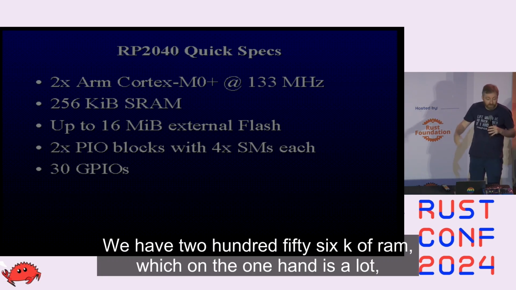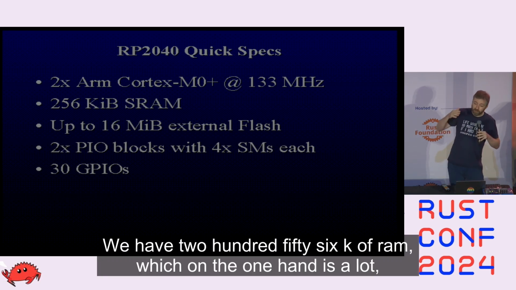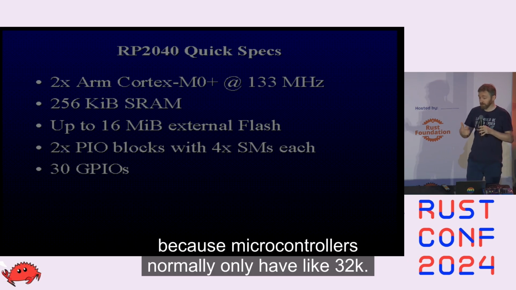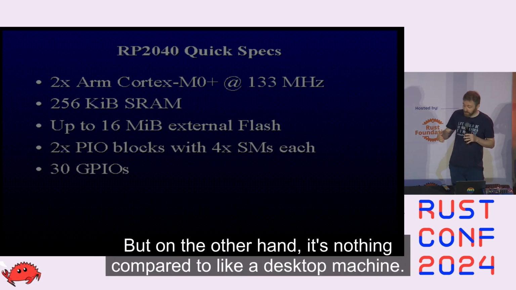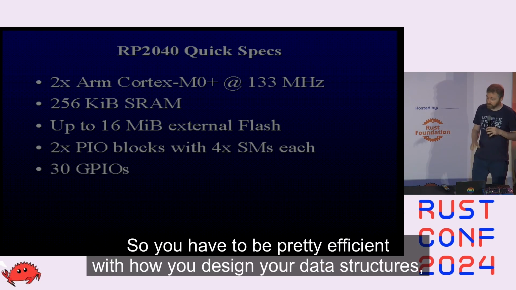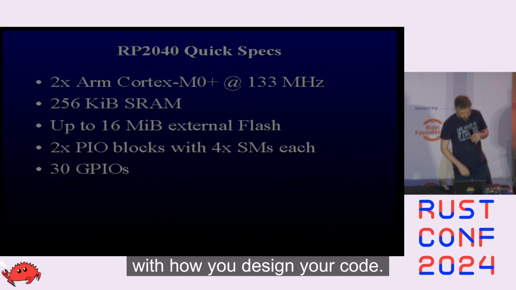We have 256K of RAM, which on the one hand is a lot, because microcontrollers normally only have like 32K, but on the other hand, it's nothing compared to a desktop machine. So you have to be pretty efficient with how you design your data structures and your code.